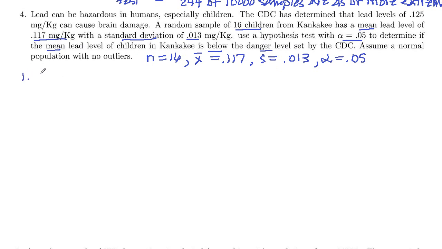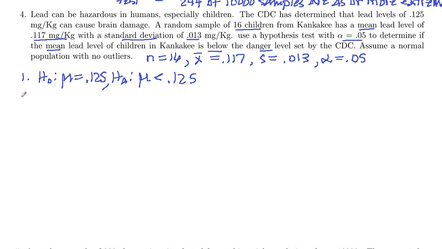So step 1, we need our null and alternative, H0 and HA. So the keyword there, below, so if the mean is below, that'll be mu less than, and we're testing against the 0.125. If that's not the case, then the mean will equal 0.125.